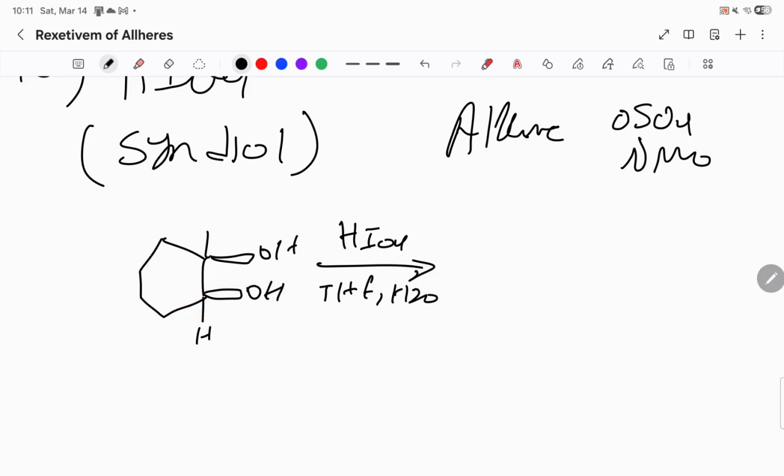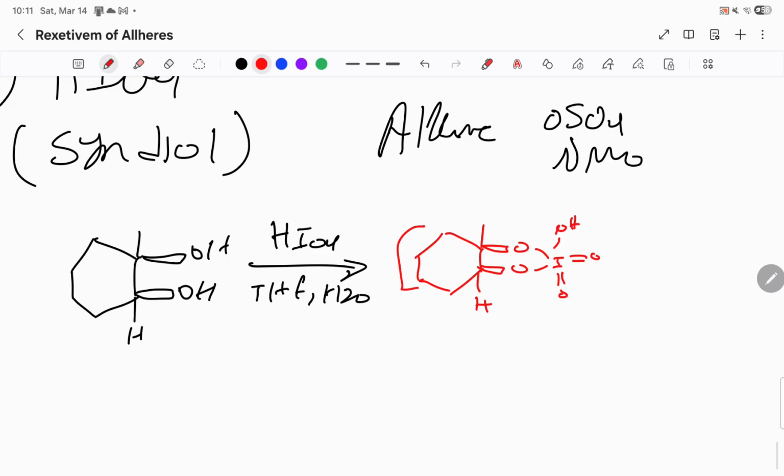Let me show you the intermediate very quickly. Of course, the iodine would add here, and of course it would have three oxygens, and there you go. That's my periodic acid.